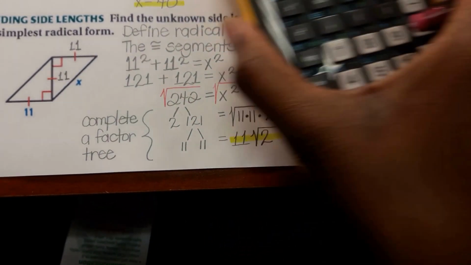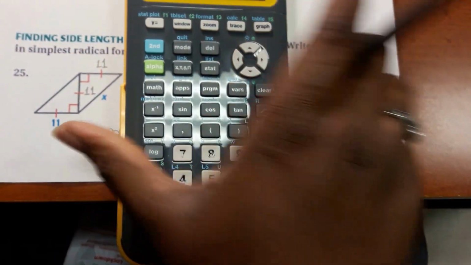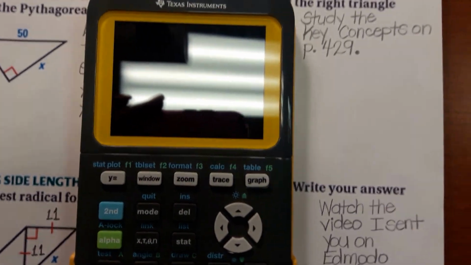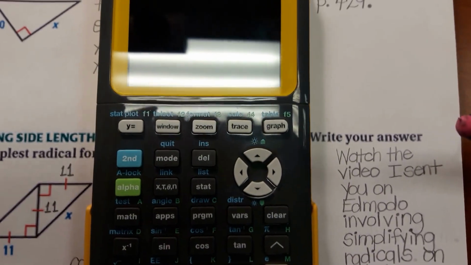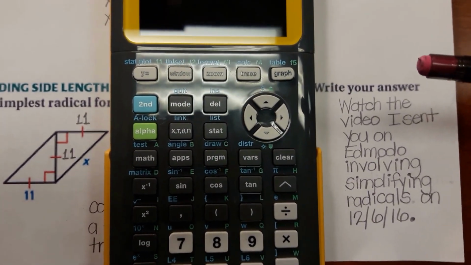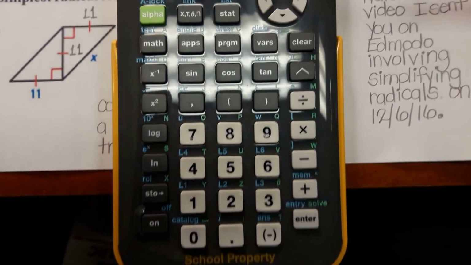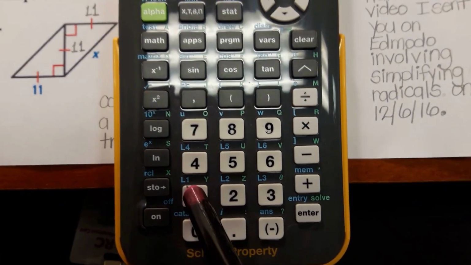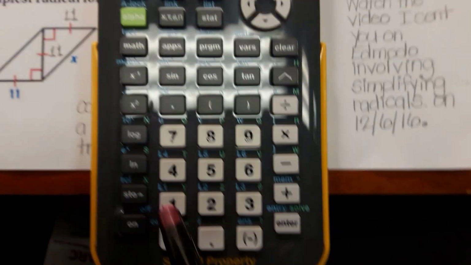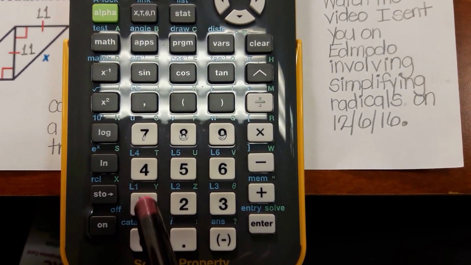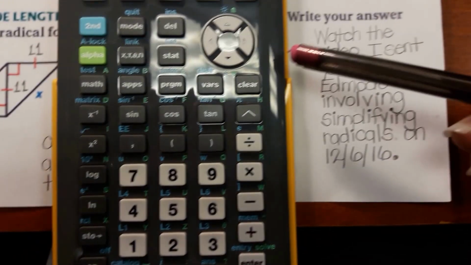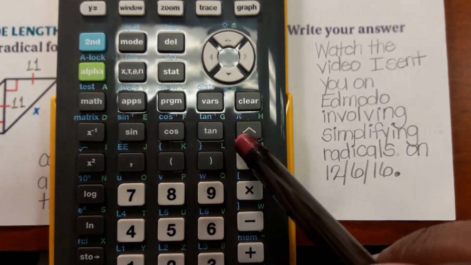And I'm going to go to the graphing calculator to show you how to type in 11 squared very quickly. So if you look on the graphing calculator and just pay attention to the keystrokes, turn the calculator on, and you hit 11, and you have your raised key here.